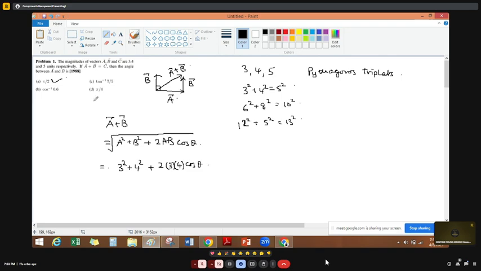But on this side I should get 5. You know that the square root of 3 squared plus 4 squared is 5, which means the last term has to become 0. When will this become 0? Theta is equal to 90 degrees, that means pi by 2. Okay, nothing very difficult, very easy problems.